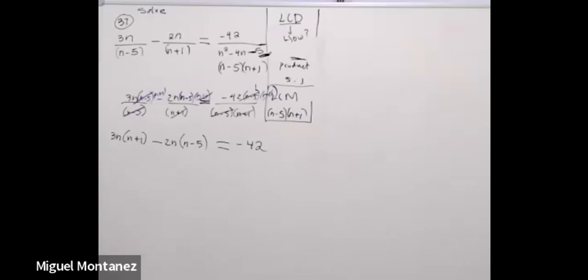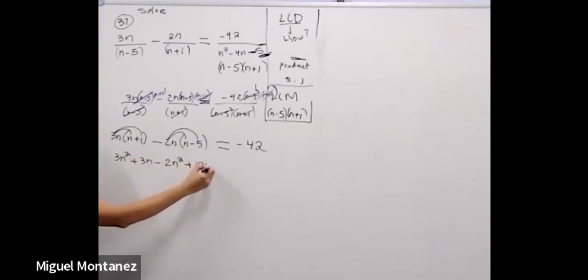So now let's finish this. 3n times n, 3n squared, 3n times 1 plus 3n, minus what? 2n squared, negative 2n times negative 5, positive 10n.